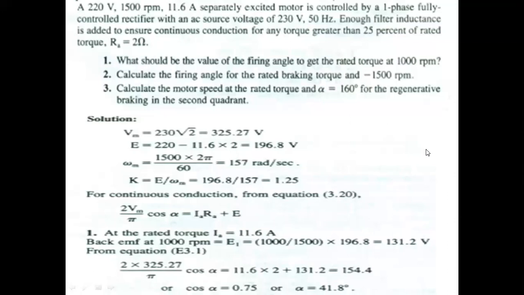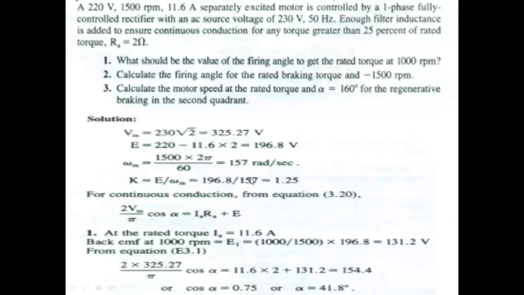Because when we multiply the RMS value by root 2, we get the peak value. So that's why we are multiplying the voltage 230 by root 2.